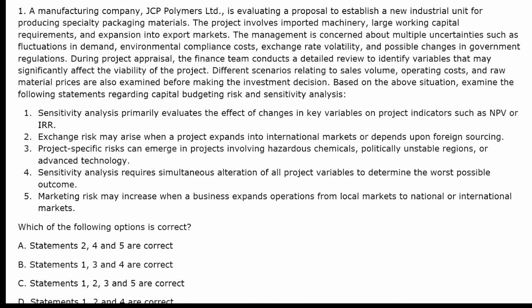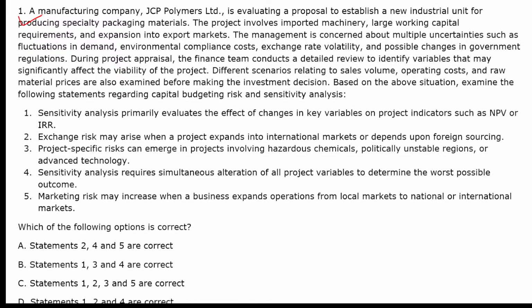Question number 1. A manufacturing company is evaluating a proposal to establish a new industrial unit for producing specialty packaging material. The project involves imported machinery, large working capital, and expansion into the export market. The management is concerned about multiple uncertainties such as fluctuation in demand, environmental compliance cost, exchange rate volatility, and possible changes in government regulations.